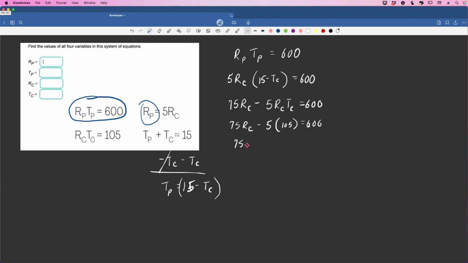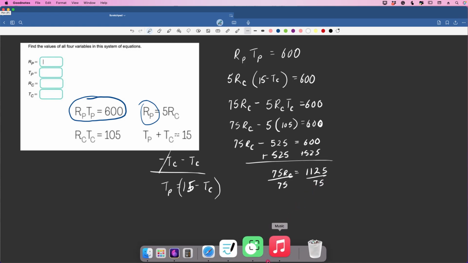So 75 RC minus 5 times 105, that's 525, is equal to 600. So we add 525 to both sides, and we get 75 RC is equal to 1,125. So then we just divide both sides by 75.